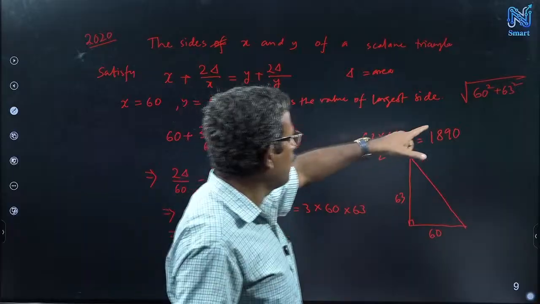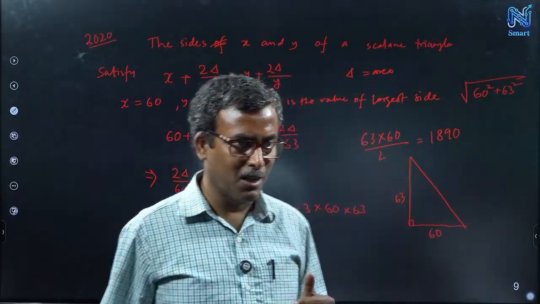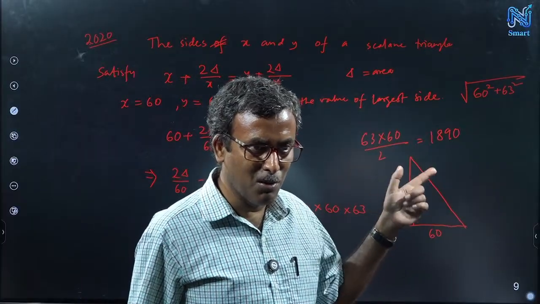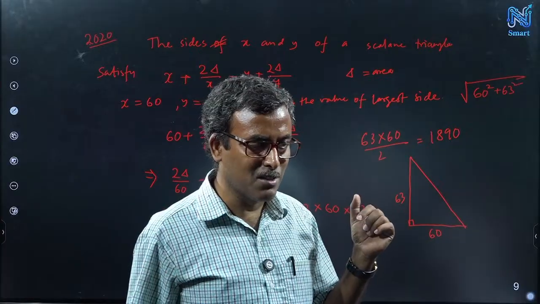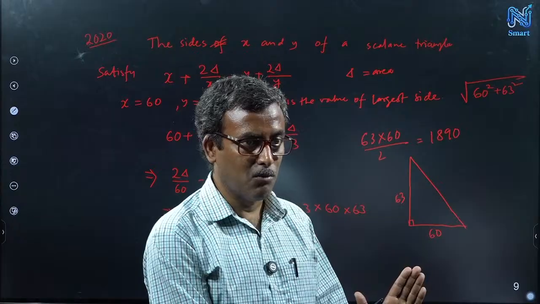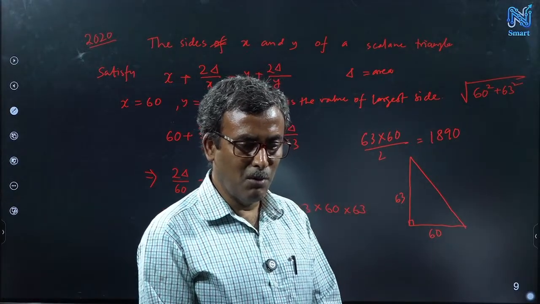Can you guess what the value of this is if it is an integer? It may not be an integer, but since the answer is of integer type, it must be an integer. So can you guess without calculating all the 63 square and 60 square? You know that the result will be an integer, that we know. Then what will be the integer?